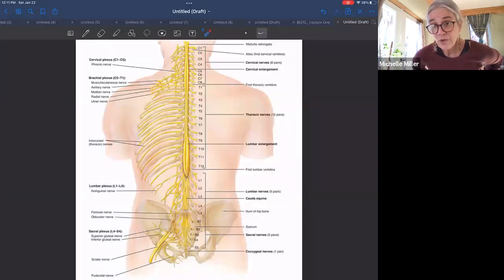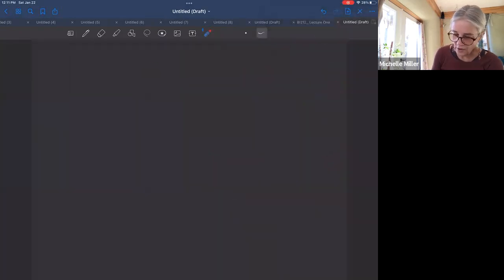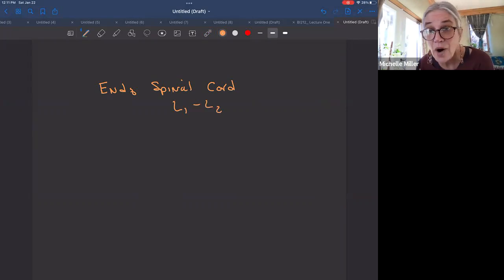The end of the spinal cord is called the conus medullaris. So we're going to write that down. The end of the spinal cord is at about L1 to L2. That's the lumbar region of your back, but it's the upper region.